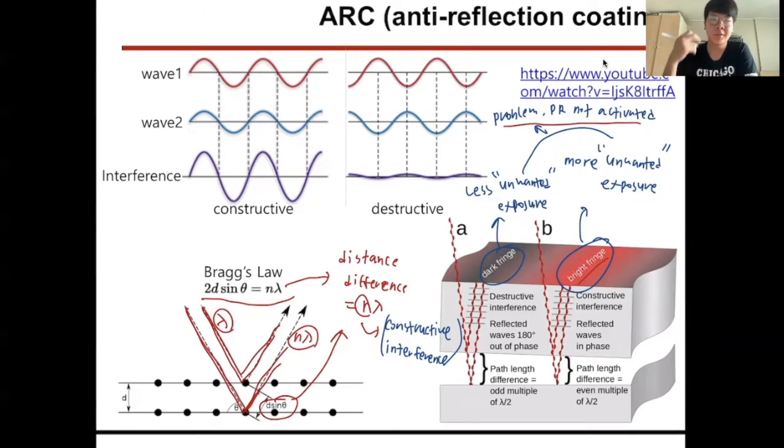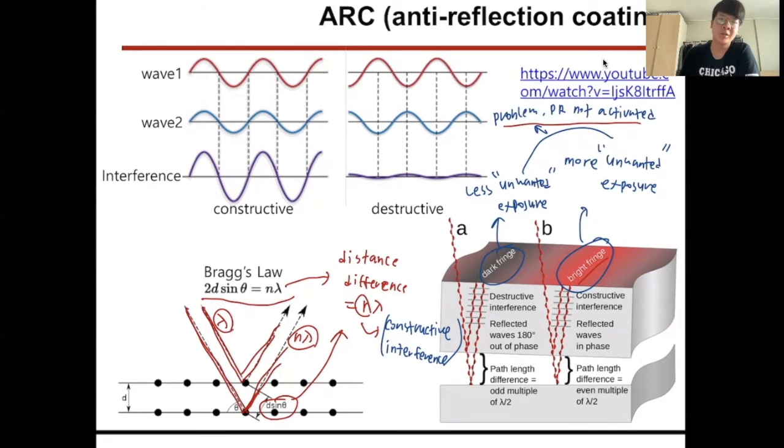So there is a difference between path lengths. If the difference is a multiple of half the wavelength, then destructive interference can occur. And if it is a multiple of the wavelength, then constructive interference can occur.